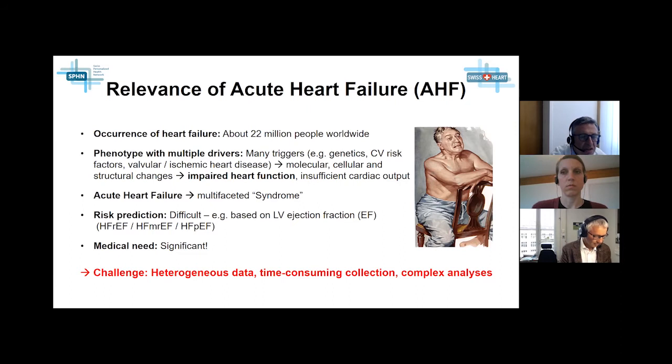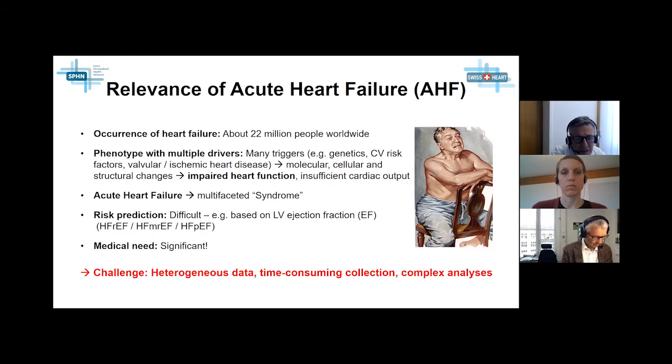The causes can be valvular or ischemic heart disease. That then leads to molecular, cell, and structural changes, resulting in the end in an impaired heart function and insufficient cardiac output. That is the common denominator of acute heart failure, a multifaceted syndrome, as you can appreciate here, that we want to look at more in detail.